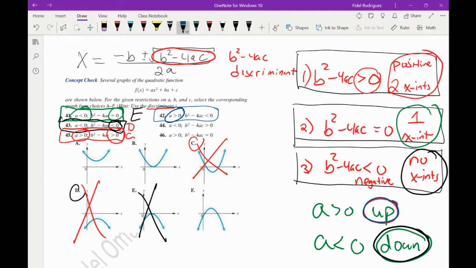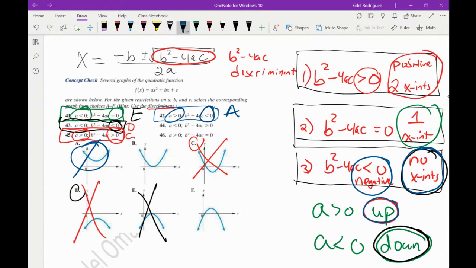So I'm either going to choose A or B because we've already used C. Not only is A positive, but the discriminant is less than 0. If the discriminant is less than 0, we don't have any x-intercepts. So between A and B, which of those graphs opens up, but never hits the x-axis? A, right? Good. Boom. So we got that one already.